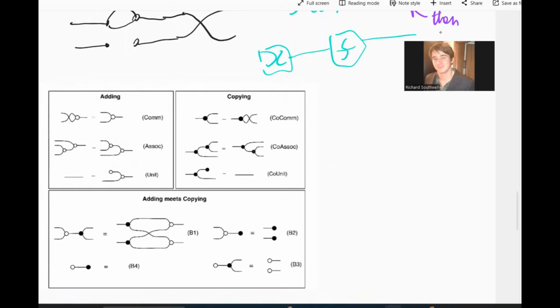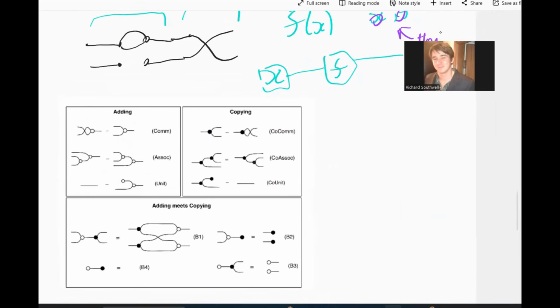These equations here, we can use to tidy up this picture.